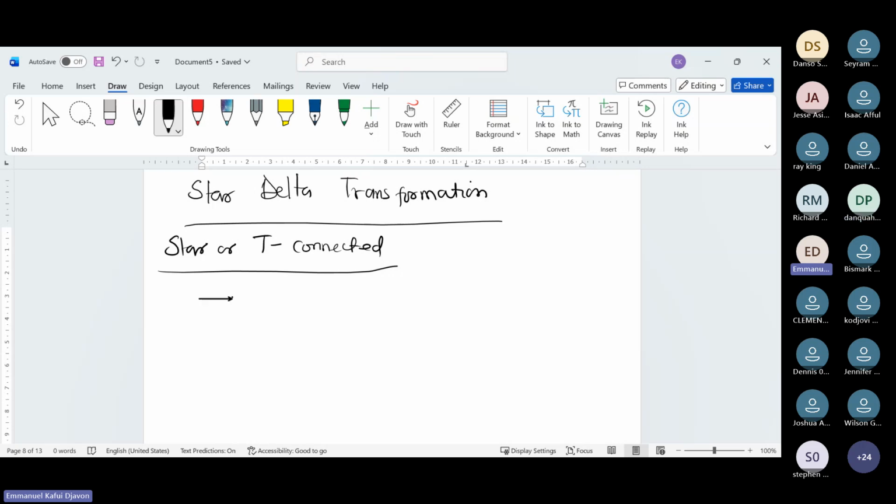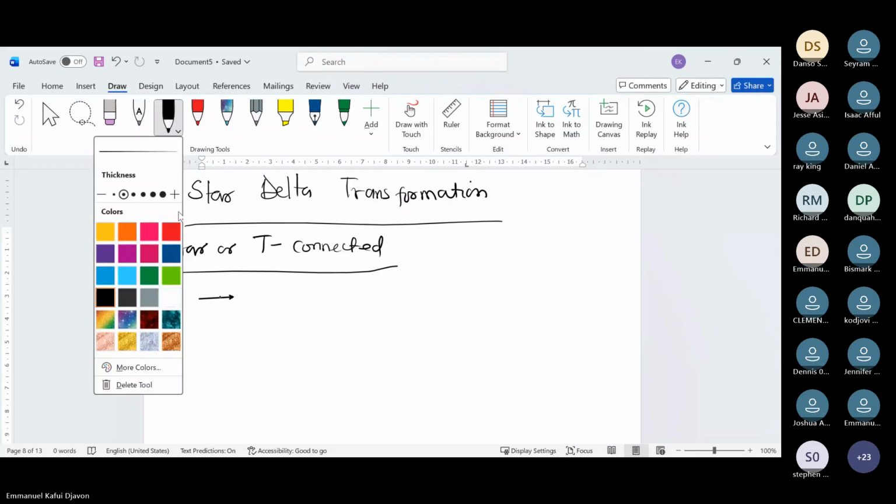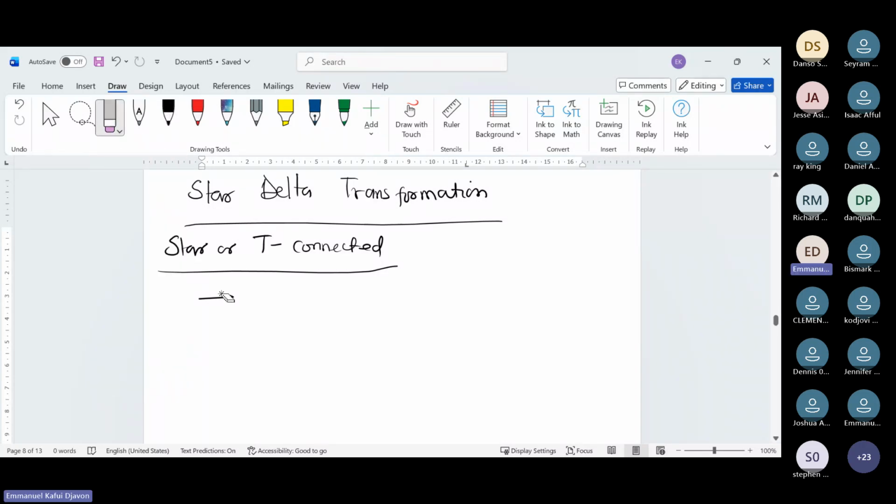I will choose to use a resistor to indicate that so that you can follow.